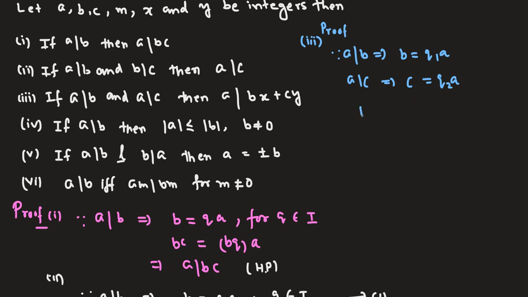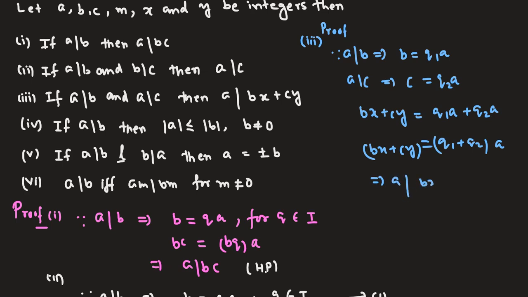Now Bx plus Cy: we write the value of B as Q1 times A and the value of C as Q2 times A. From here we can write Q1x plus Q2y, and outside is A. So Bx plus Cy is some integer times A, which implies A divides Bx plus Cy. Hence proved. Similarly, you can prove results 4, 5 and 6.